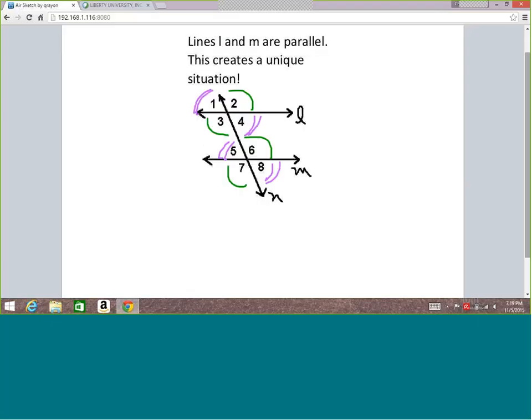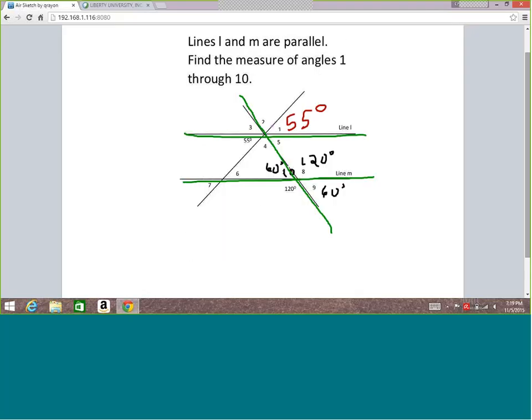So using this as a reference, I can go ahead and mark which angles are the same in the picture for what we're working on. So I can mark that this angle is the same as this angle is the same as this angle is the same as this angle. Those angles are all the same, which means they're all 120 degrees.